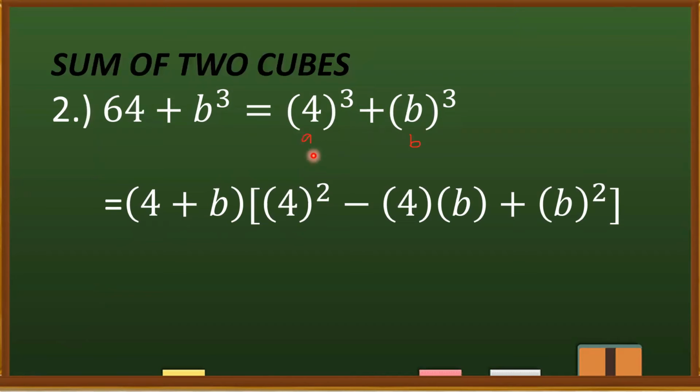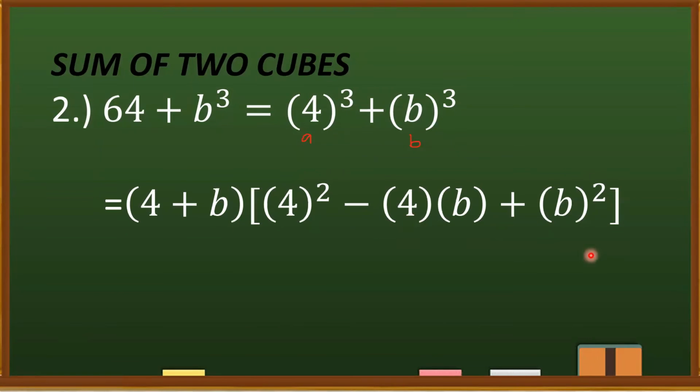That is a squared. So yung 4, i-squared natin here, and then just copy the minus, and then ab, our a is 4, and then b is b, plus b squared, since the value of our b is also b, just copy b, and then don't forget to square it.